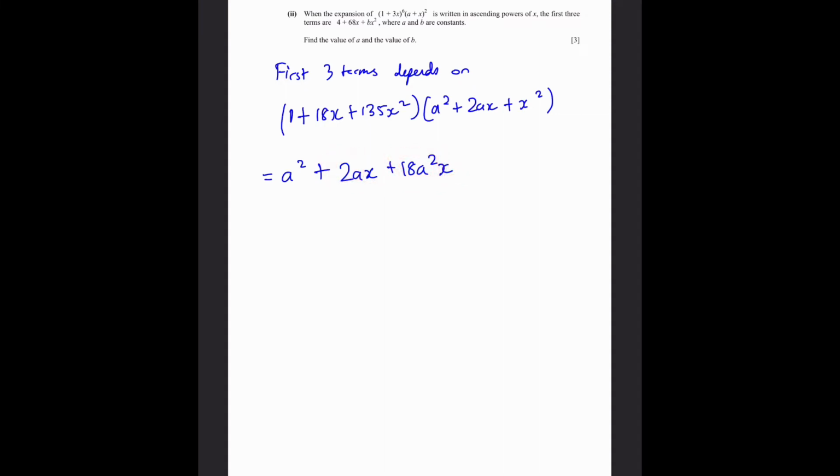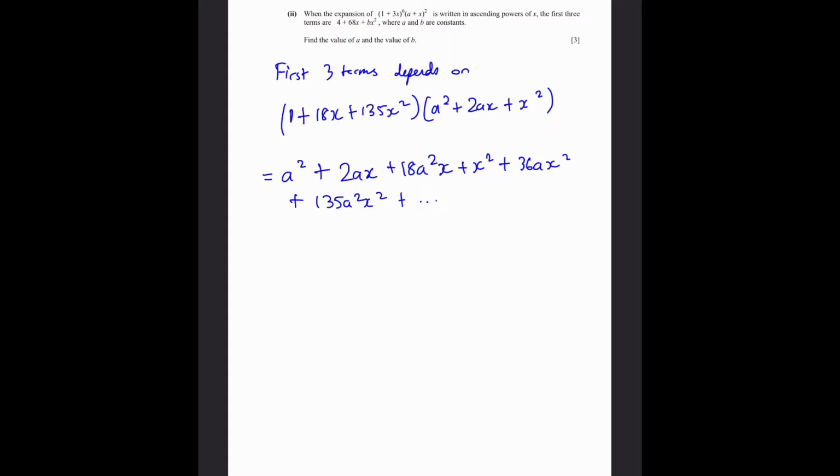And then we multiply those which give us an x^2 term, or degree 2. So 1 times x^2 is x^2, plus 18x times 2ax, which is 36ax^2, plus the last one, 135x^2 times a^2, 135a^2 x^2. And then the other terms are irrelevant since we don't need anything above the power of 2.